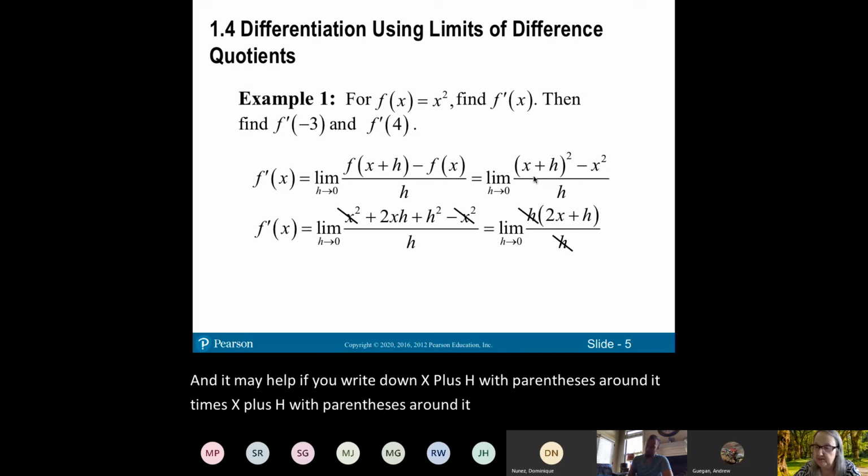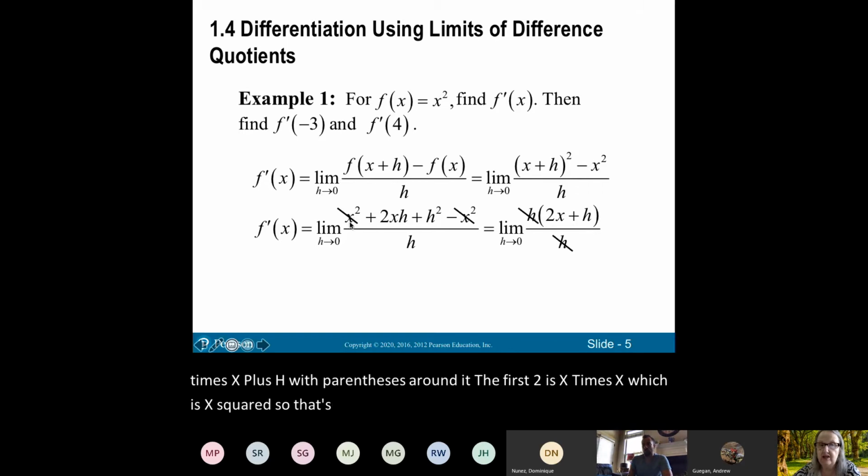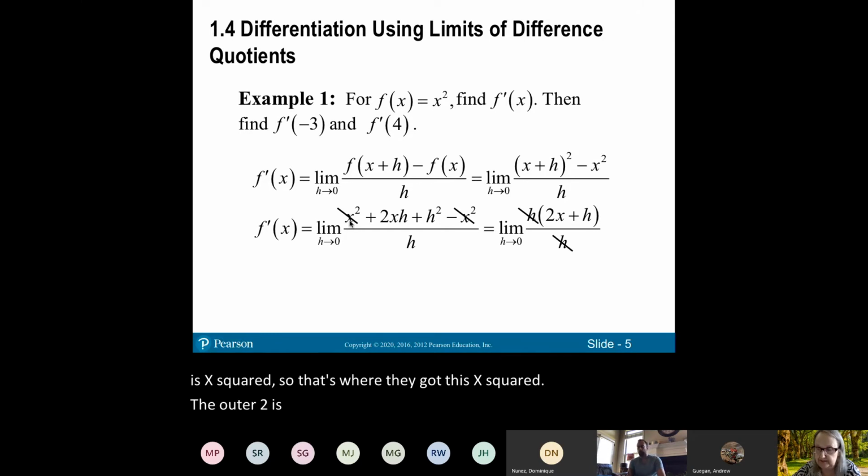The first two is x times x, which is x squared. So that's where they got this x squared. The outer two is x times h. The inner two is h times x. Now, multiplication, we can multiply in any order.